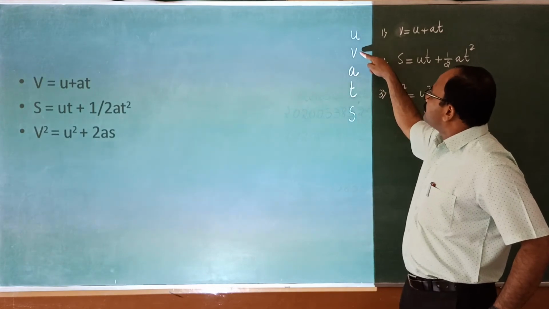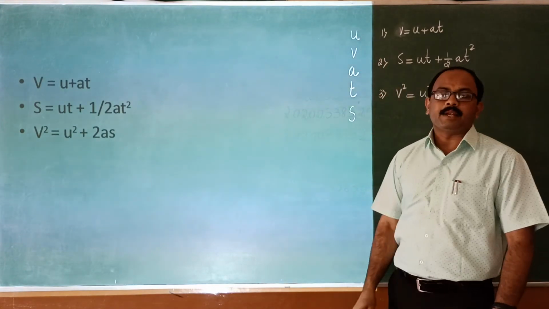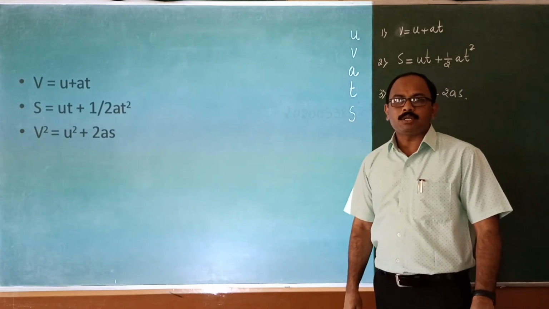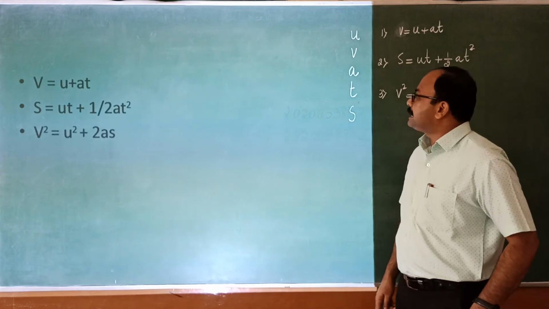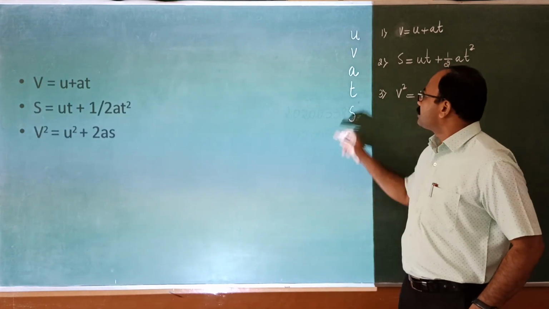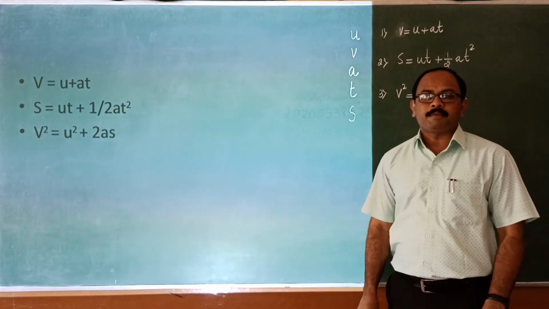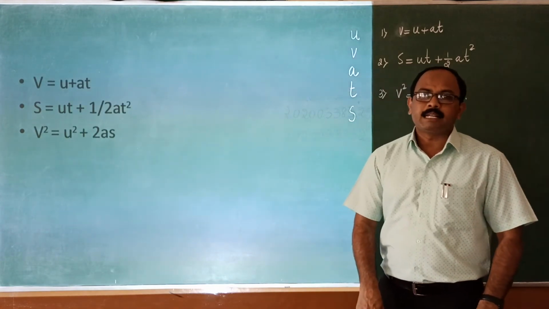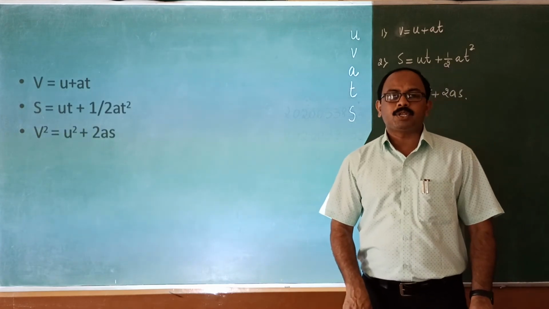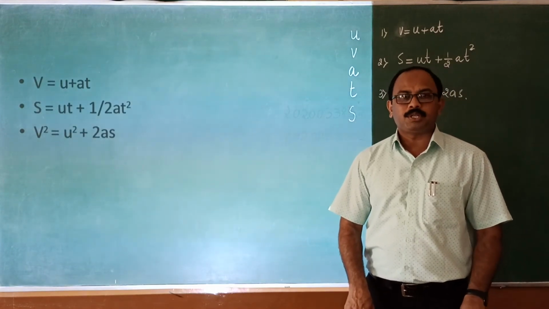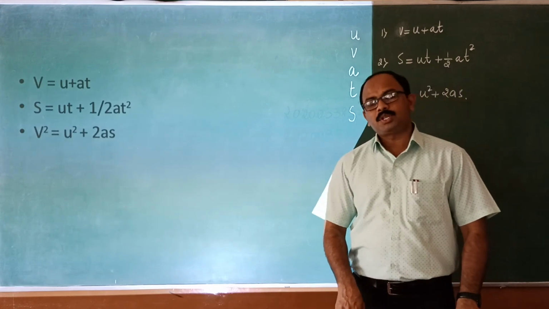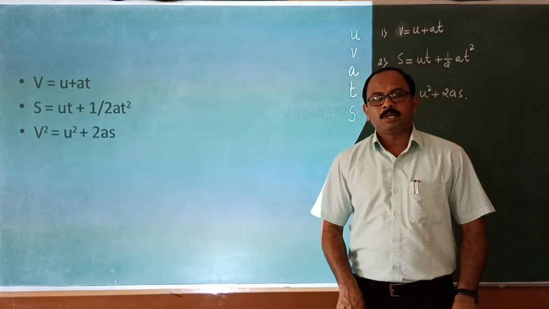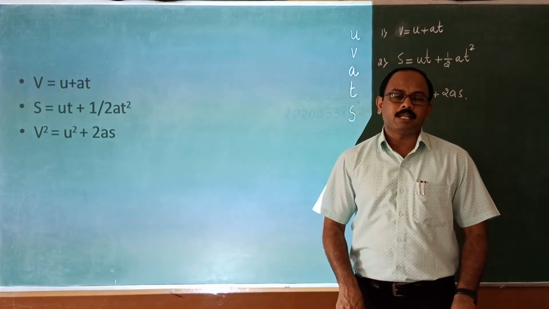What is U, what is V, A, T, S and all. U refers to initial velocity, V final velocity, A acceleration, T time taken, S displacement. All these terms are related by a set of equations called equations of motion. These are the three equations of motion, children. You have to remember these three equations to solve sums easily, children.